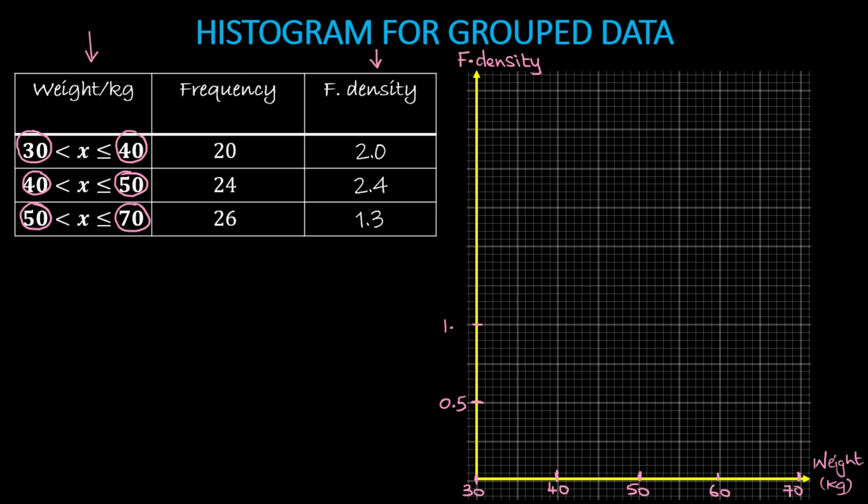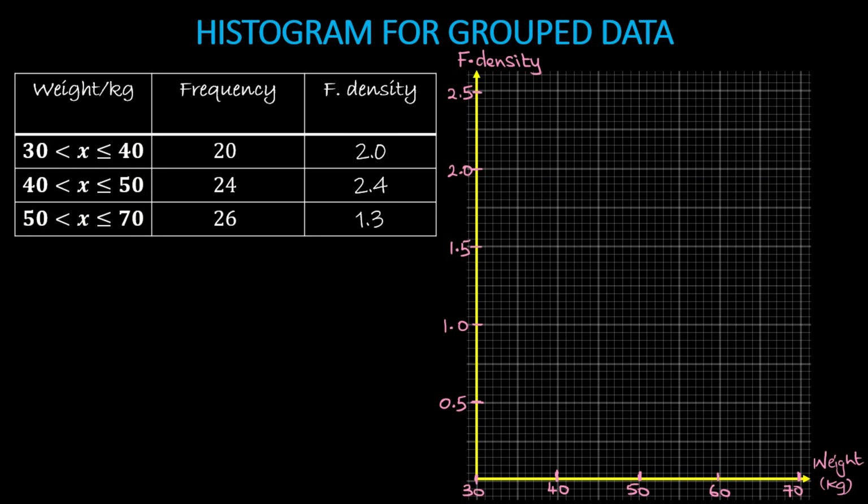So this becomes 1.0. This is 1.5. Here is 2.0, and we end up with 2.5. Right? All we have to do now is to draw the individual bars or the individual rectangles of the histogram.